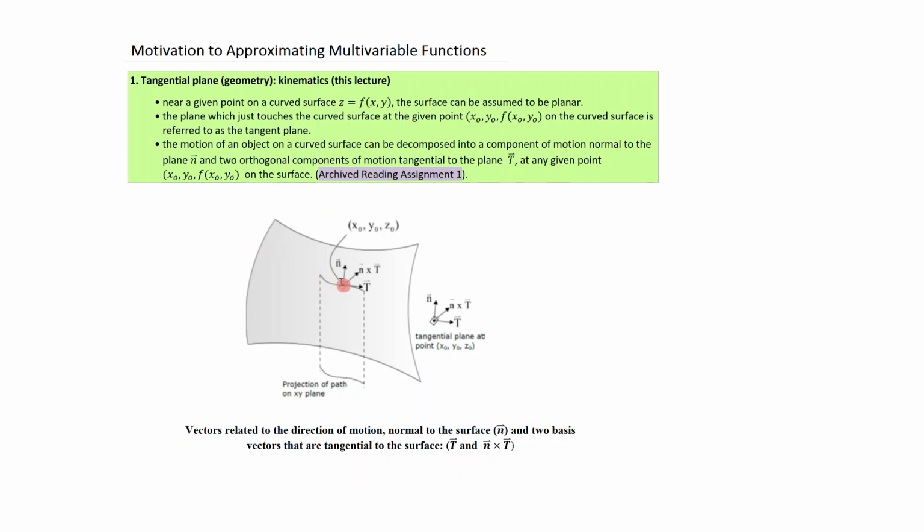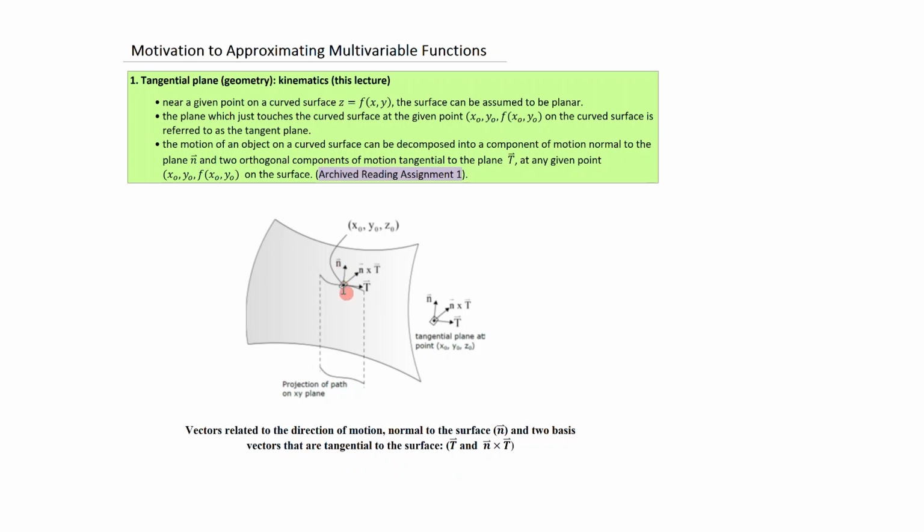here's the motion of the object, just presume for the time being it's some motion. The vector that's parallel to the direction of motion is the unit tangent vector. The normal vector, which is this n, is normal to the surface. This one is defined by the surface, but we need one additional vector to define motion in 3D.